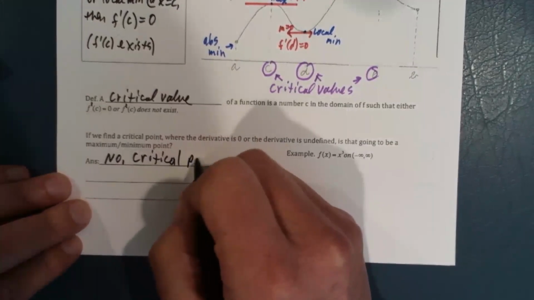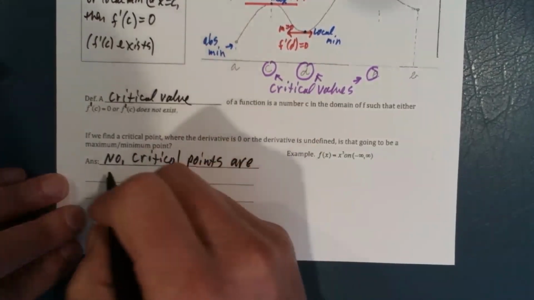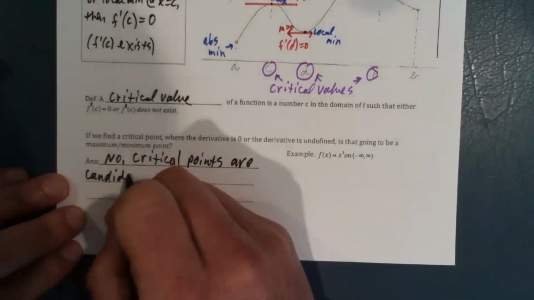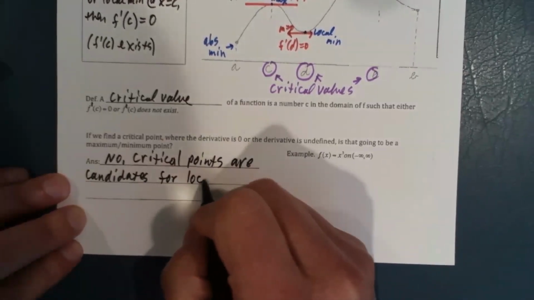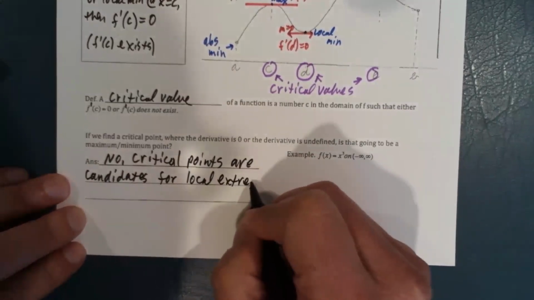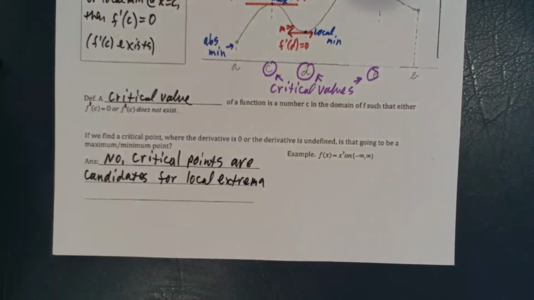Critical points are candidates for local extrema. Local extrema means a local min or local max. And we have a quick little example down here.